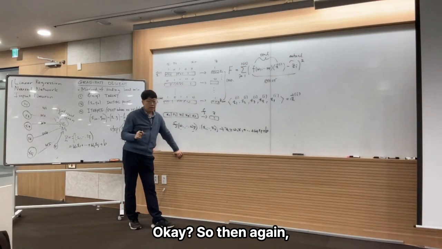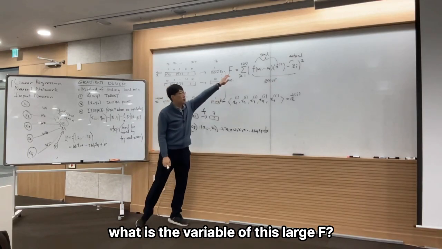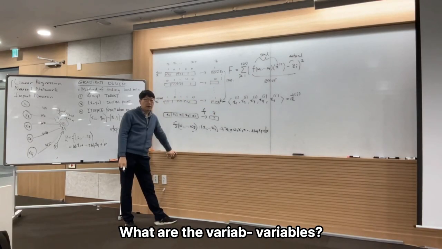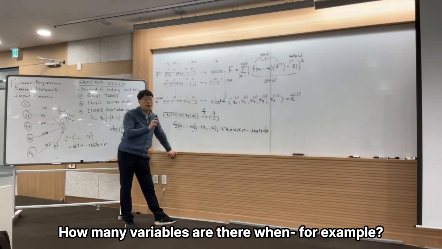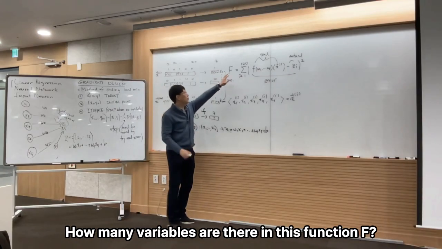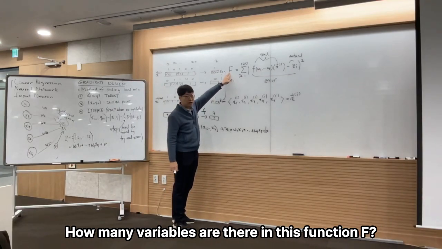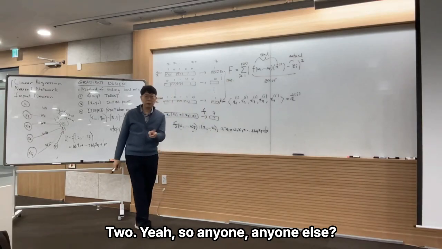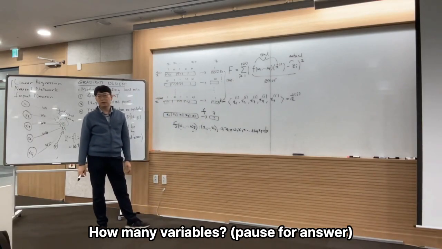Okay. So again, what is the variable of this large f? How many variables are there, for example, in this function f? 2? Yeah, so anyone else? How many variables?